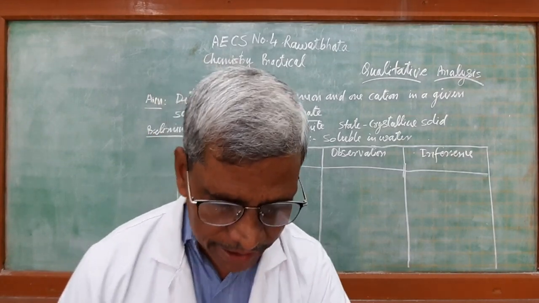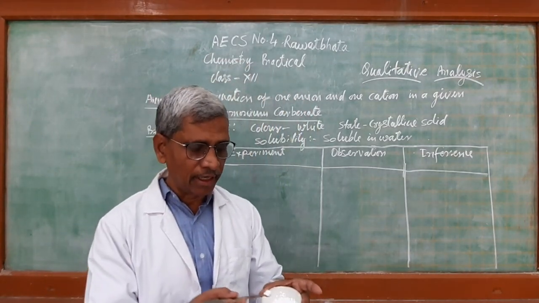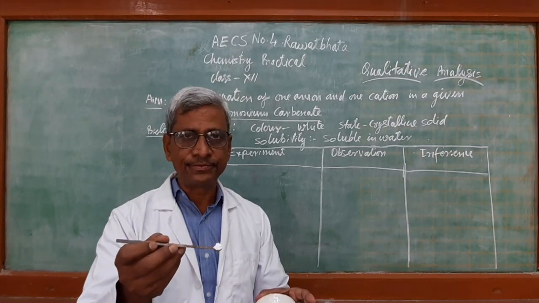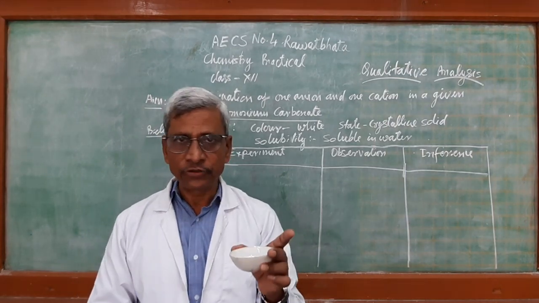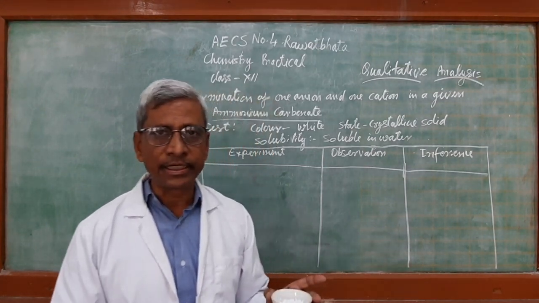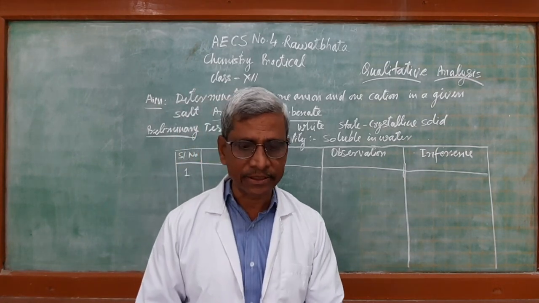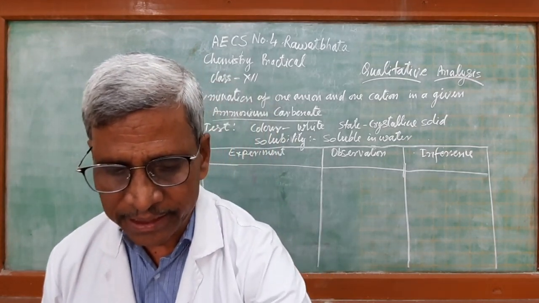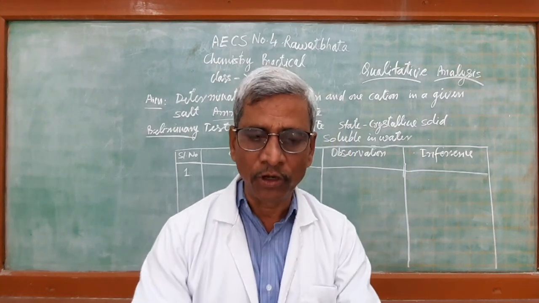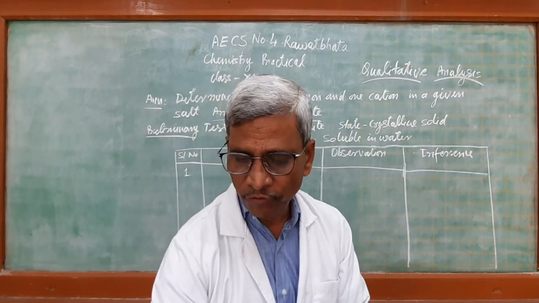The color of the salt is white. It is crystalline, actually a crystalline solid; all ionic salts are crystalline in nature. And we have to check its solubility. Take a small amount of salt in a test tube and add water to this.